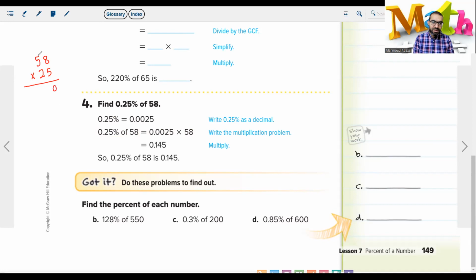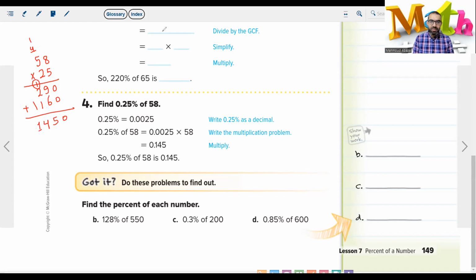5 times 8 is 40, 0 carry up 4. 5 times 5, 25, and 4, 29. Put 0. 2 times 8, 16, 6 carry up 1. 2 times 5, 10, and 1, 11. Add 0 plus 0, 0. 9 plus 6, 15. Carry up 1. 1 and 2 and 1 is 4. Drop the other one.